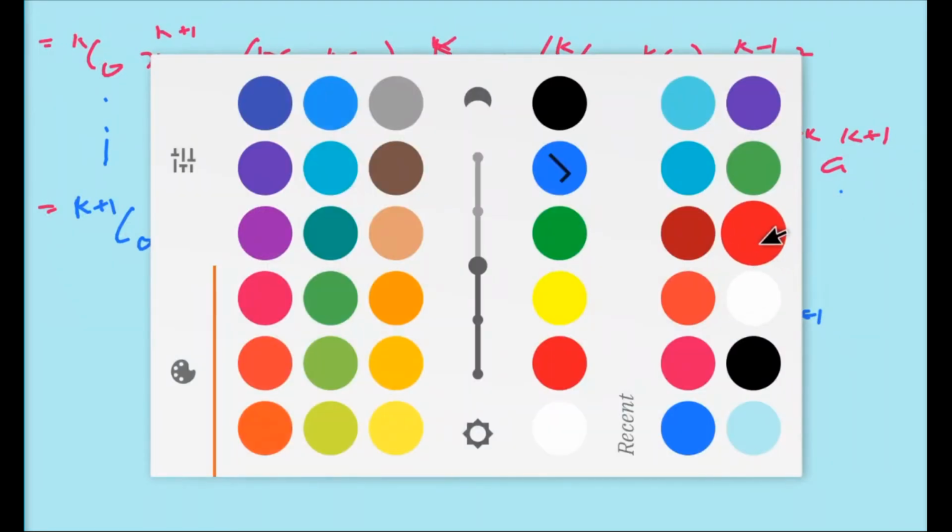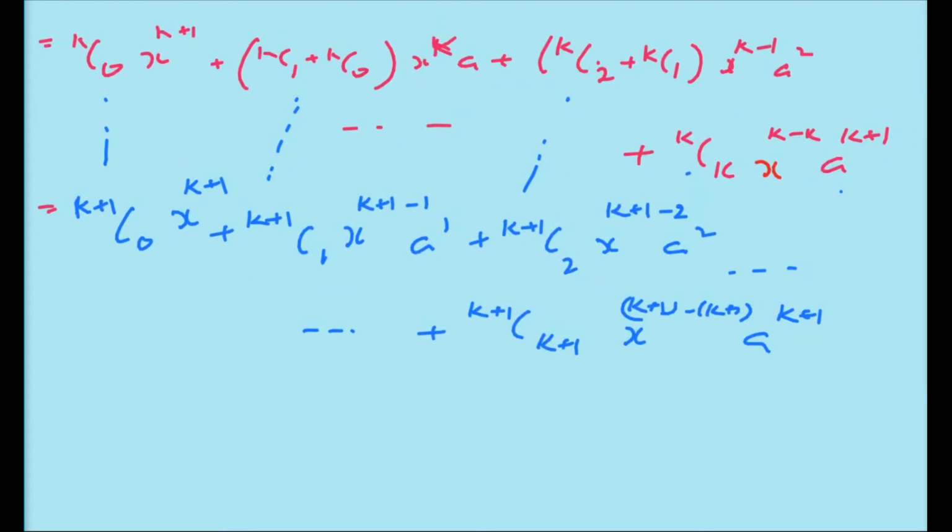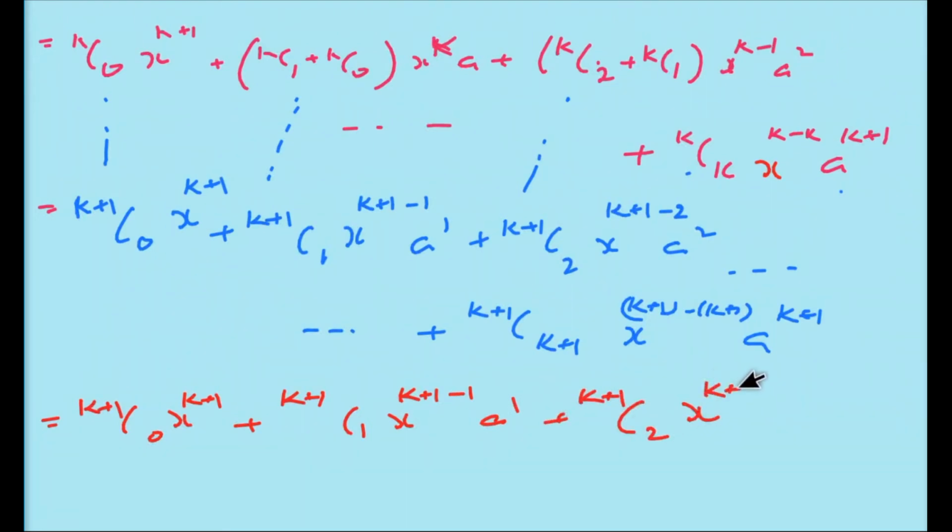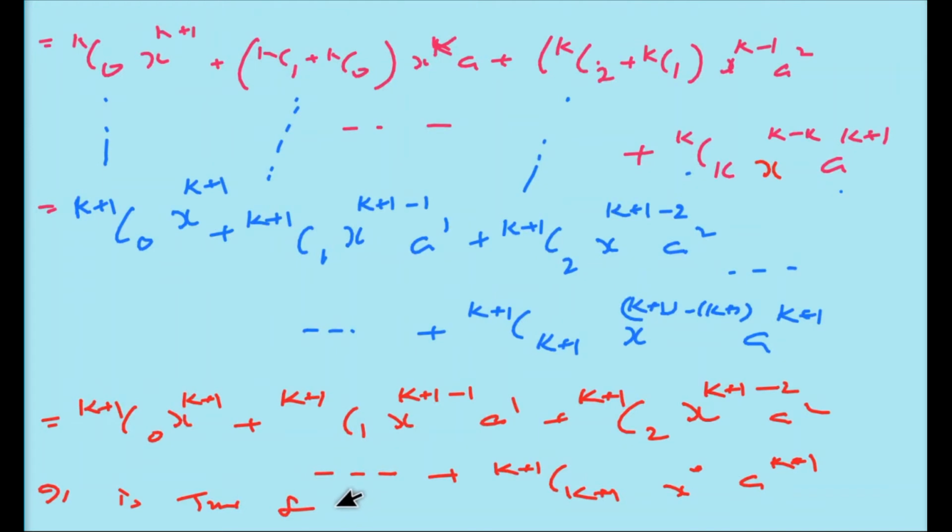So student, now what we get here on the right side is k plus 1 c0 x to the power k plus 1, plus k plus 1 c1 x to the power k plus 1 minus 1 a to the power 1, plus k plus 1 c2 x to the power k plus 1 minus 2 a square, and so on, and the last term is k plus 1 ck plus 1 x to the power 0 a to the power k plus 1. Now it is true for S(k plus 1).